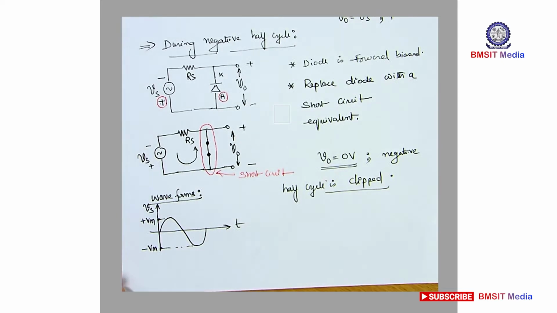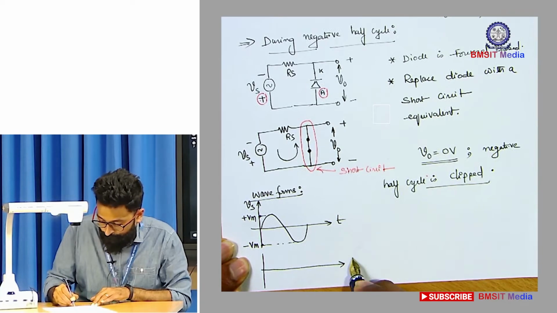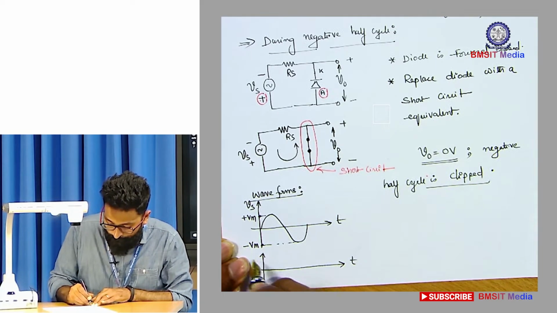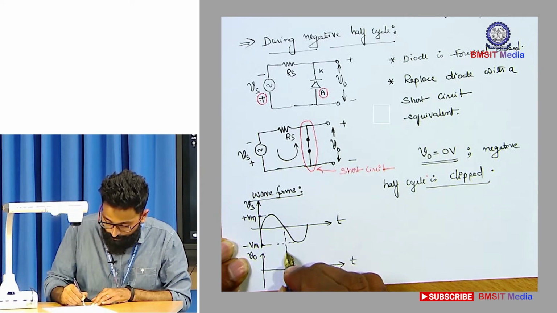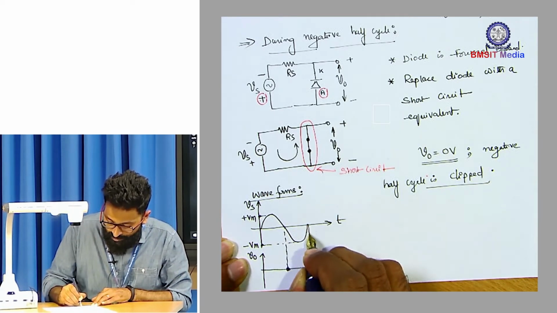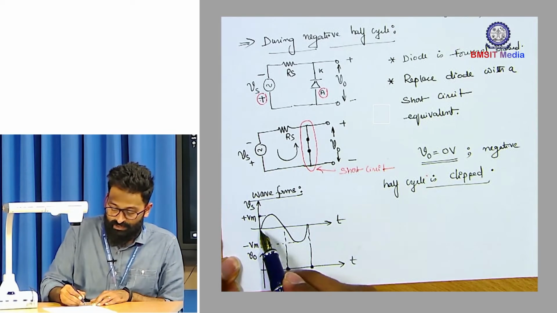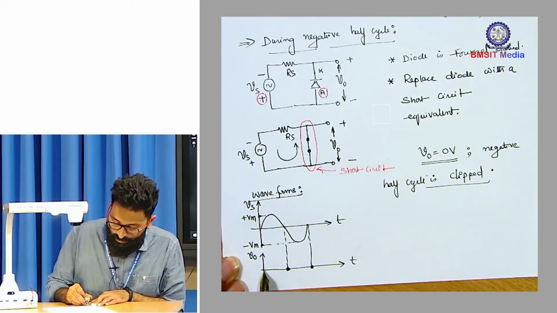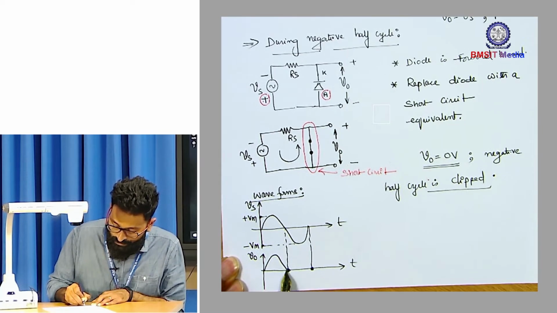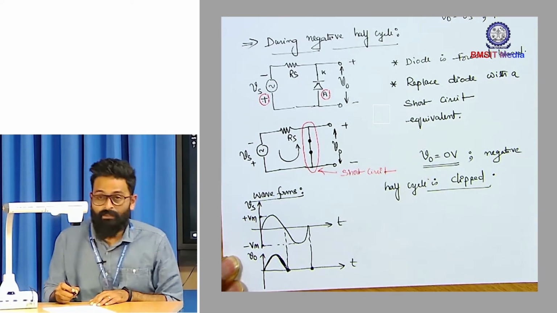So this is your input. And below the input, let's plot the output. Duration of positive half cycle, duration of negative half cycle. So during positive half cycle, output is equal to Vs. Alright.